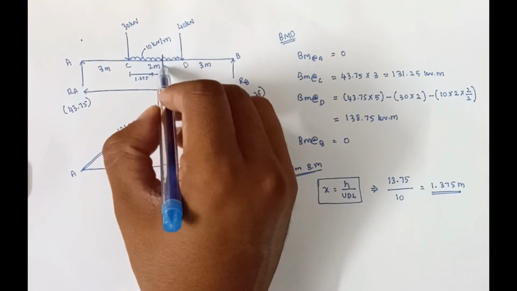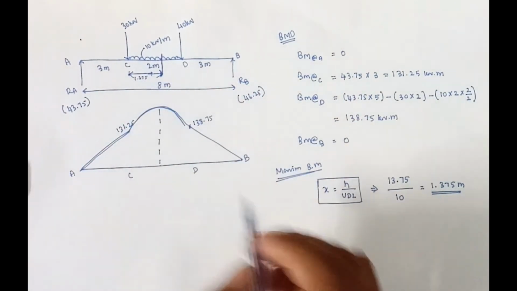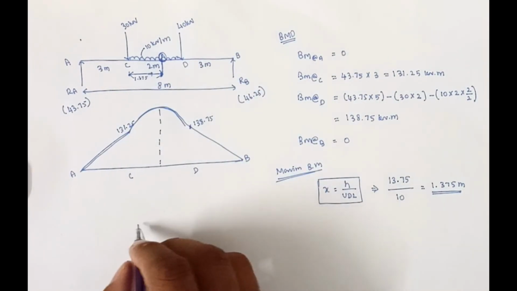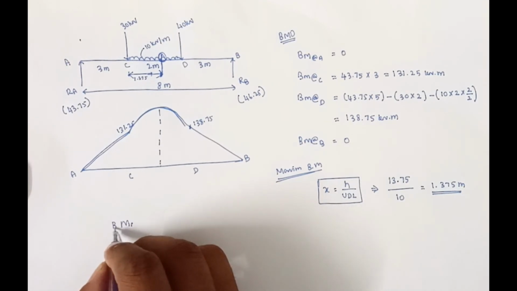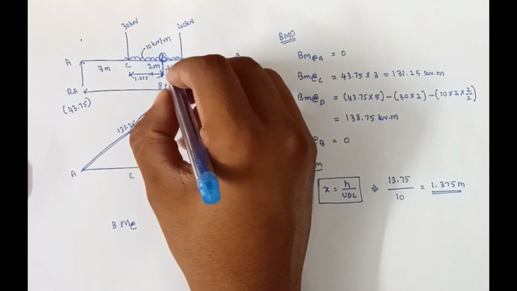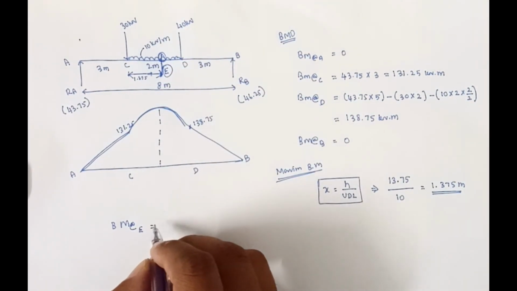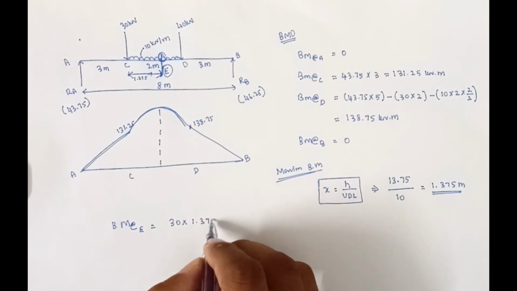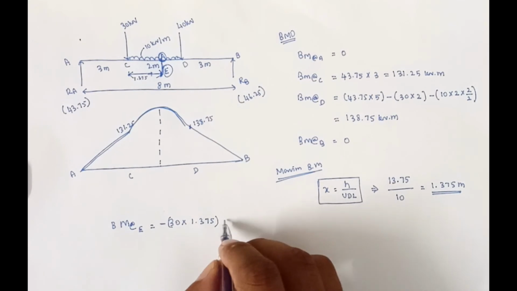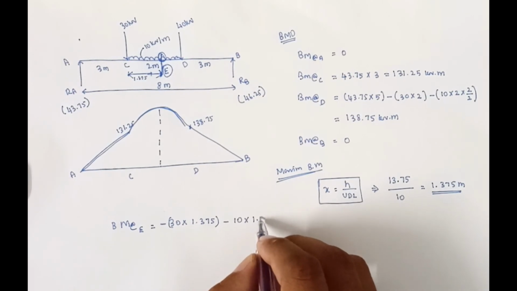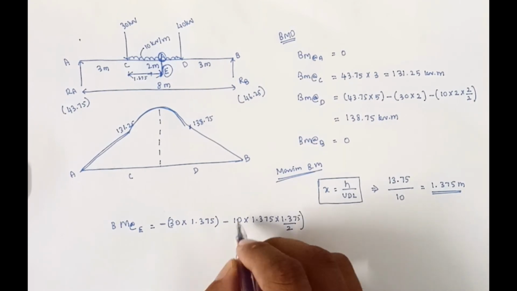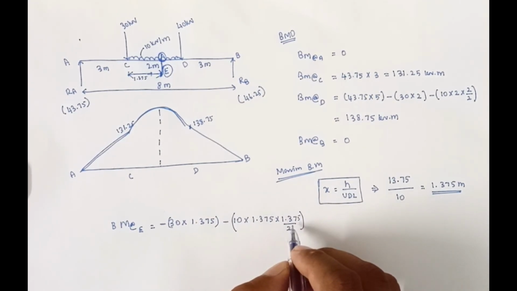So from this point at 1.375 meter we can take the maximum bending moment. Taking the bending moment at this point as E, bending moment at E equal to 30 kilonewton into 1.375, which is a negative moment, and minus 10 into 1.375 into 1.375 divided by 2, because force into distance by 2.